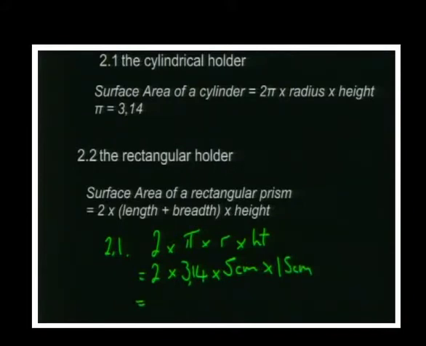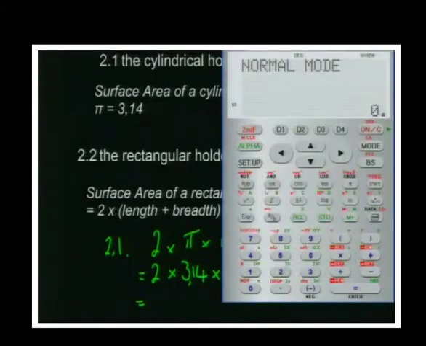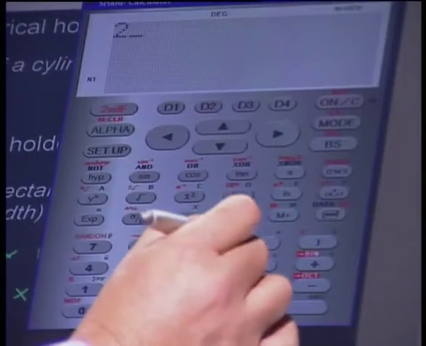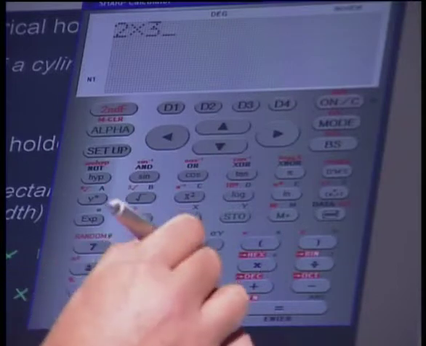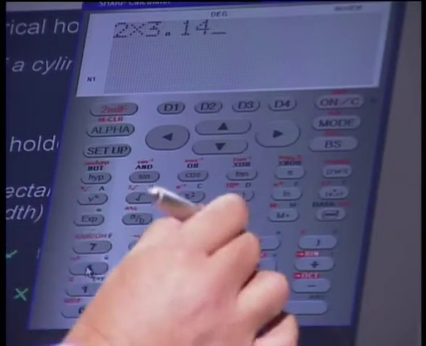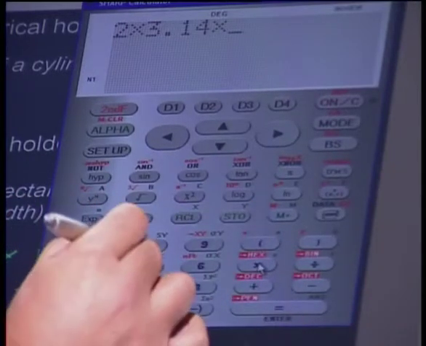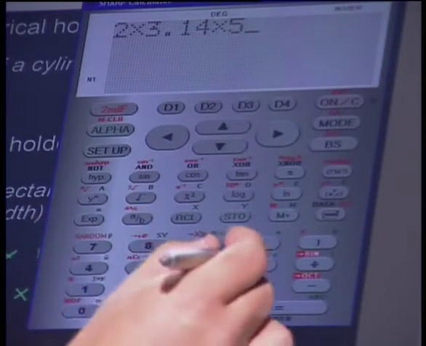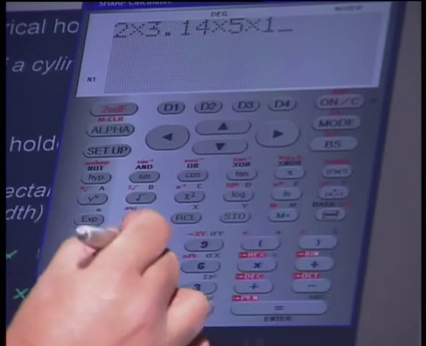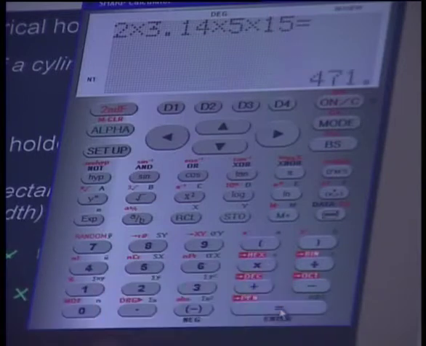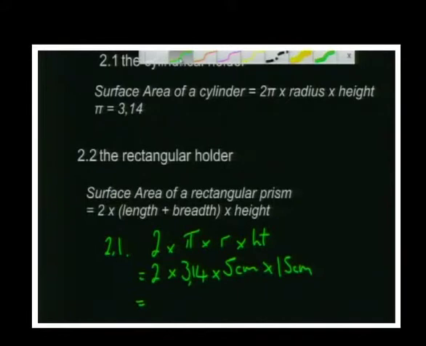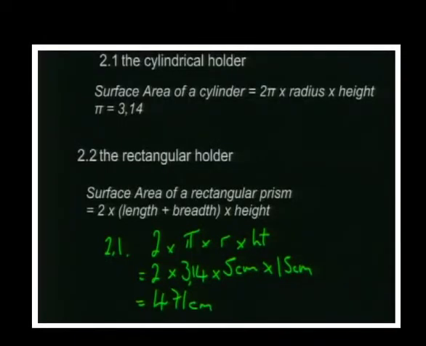Okay? Now, straight to our calculator. We are going to say 2 multiplied by 3.14 multiplied by my radius was 5 times the height was 15 equals, and there it is, 471. 471 what? 471 centimeters squared.